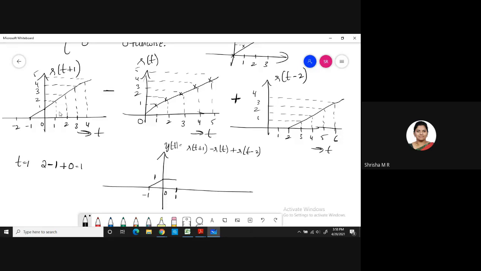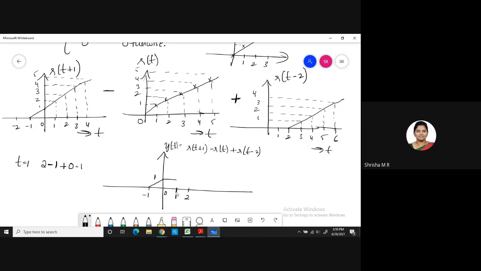So at t is equal to 1, you see now. The amplitude is 2. I have written 2 here: r of t plus 1 is 2 at instant 1. Then here at t is equal to 1, the amplitude is 1, so minus 1, plus 0 here. I am evaluating only at t is equal to 1. Observe carefully. At t is equal to 1, it is 2 minus 1 plus 0, so the amplitude is 1. Now we shall see at t is equal to 2.